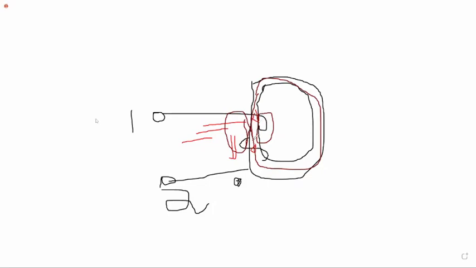Then my thumb is downward, which means my magnetic field will be in this direction. It goes up here, and here it is like this. So this is my anti-clockwise direction field.